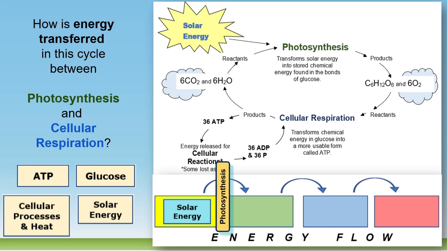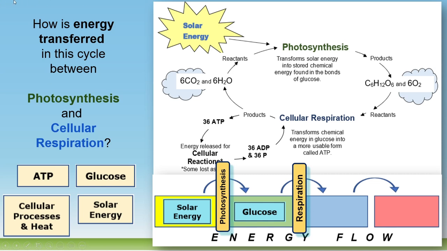So after photosynthesis, we get the product of glucose. So write glucose into your box there. Okay, so with glucose, it is going to go through respiration, specifically cell respiration.